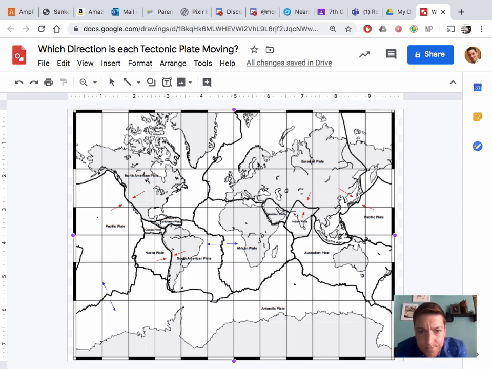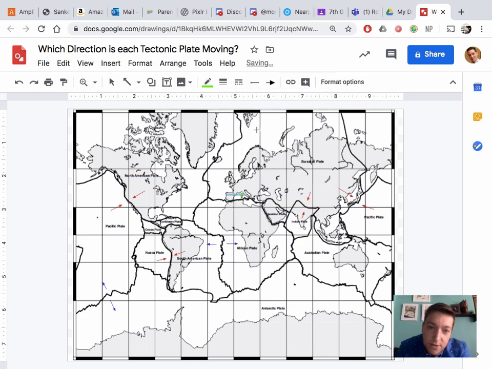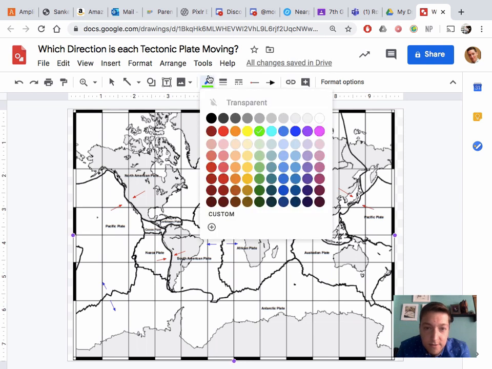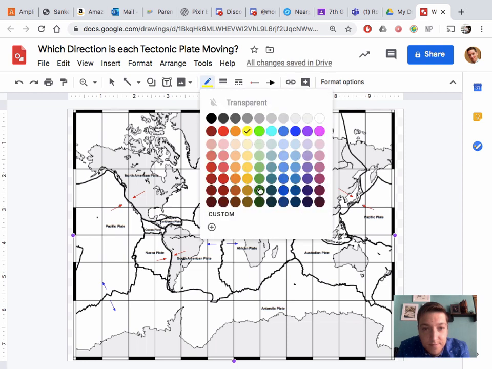So let me see. I haven't filled in the whole map, so it's kind of hard for me to do side to side. But let's say here, I'm not saying this is true or not, but let's do the color green for transform. That's not bright enough. Actually, let's do dark green.